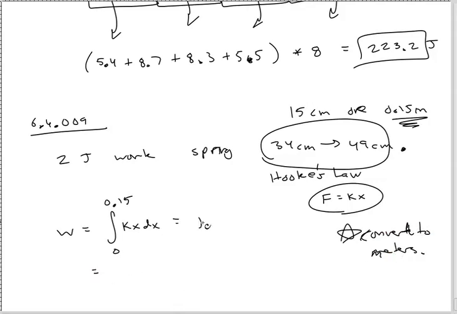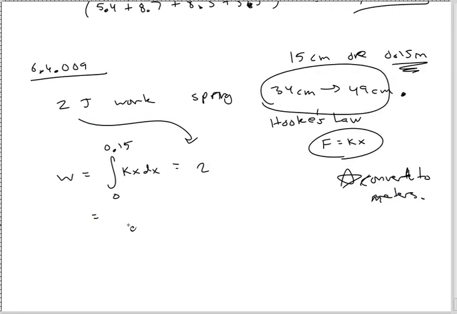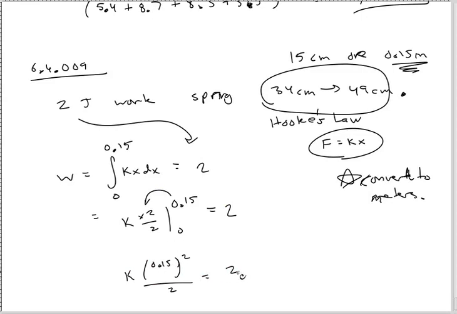Well, your work for this was going to end up being a 2. And so we need to integrate this thing. It's not that hard to integrate. The 0 obviously will cancel, so you can plug this guy in. I was going to do a fraction, but it just didn't work out that well.